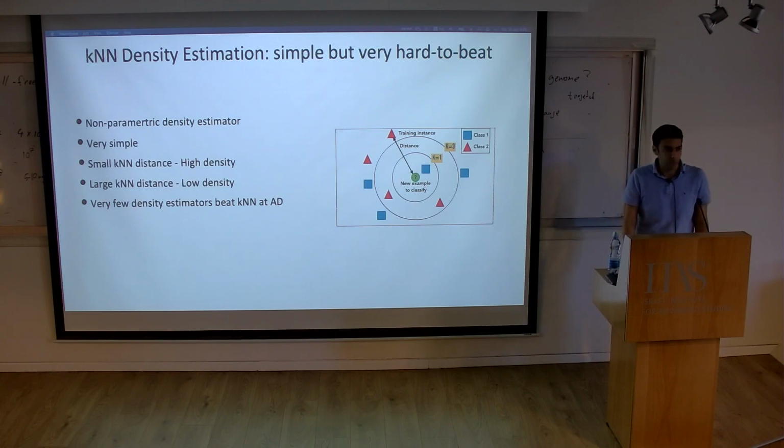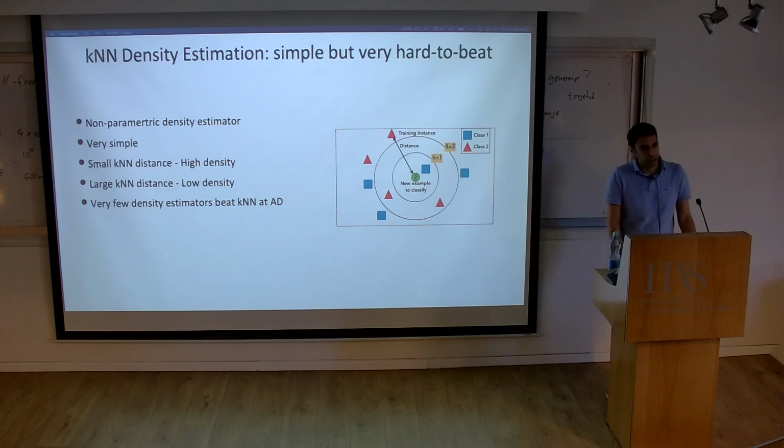So you transform the problem from the space of samples to the space of distance, the sum of distance or average distance to the k-nearest neighbor, but I still need to say what is an anomaly in that metric of distance, and we still need some distribution of what I expect in terms of distances.